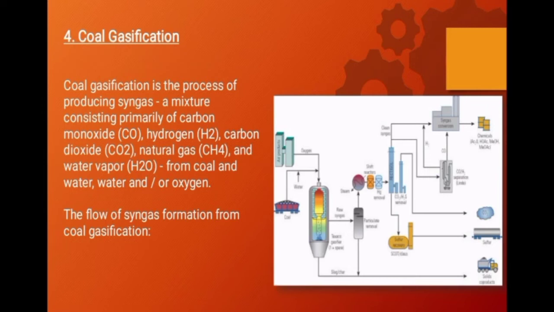The flow of syngas formation from coal gasification is shown in the flow that I have given in the slide. You can see the flow of the formation of coal gasification.